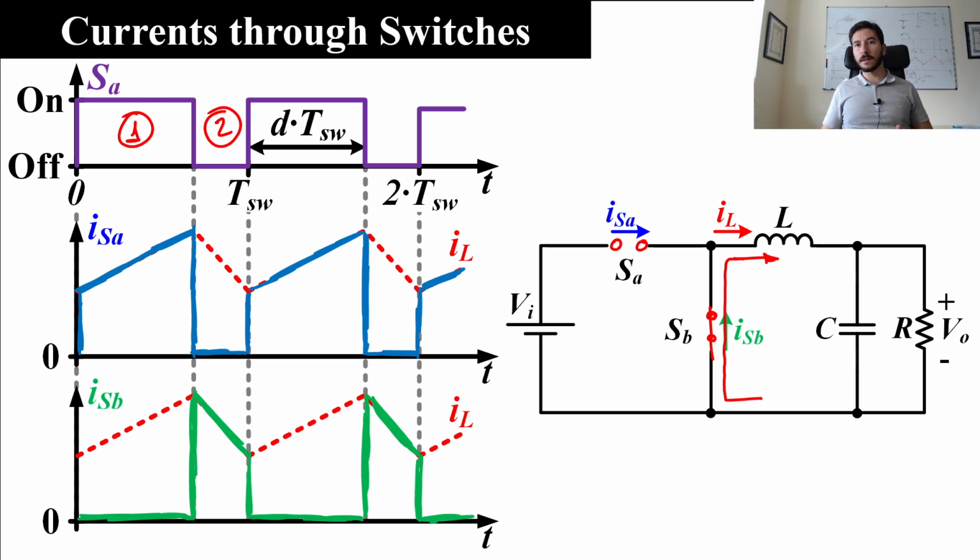Okay. So conclusion: in state number 1, all the inductor current flows through switch A. In state number 2, all the inductor current flows through switch B. In this case, we are going to consider different aspects about a waveform.